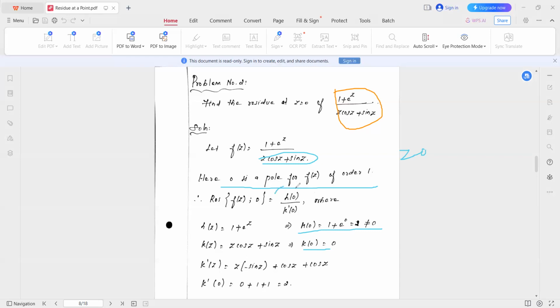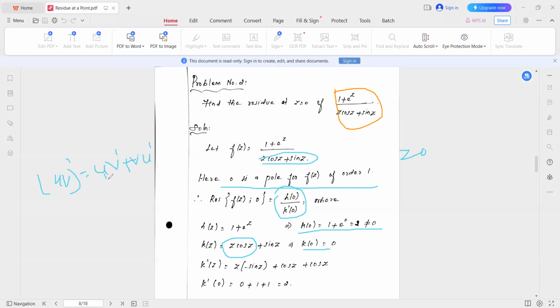So to find the residue at the point, we need k dash of z. Therefore, we are finding k dash of z. Here we have two terms, z and cos z, so we are applying the UV method, because these two terms have the variable z. What is the UV method? (UV) dash is equal to U V dash plus V U dash.